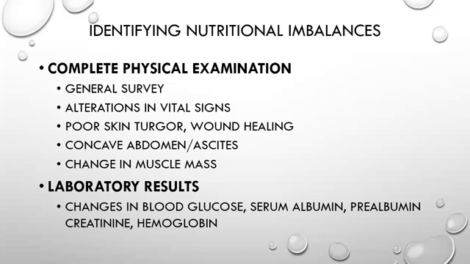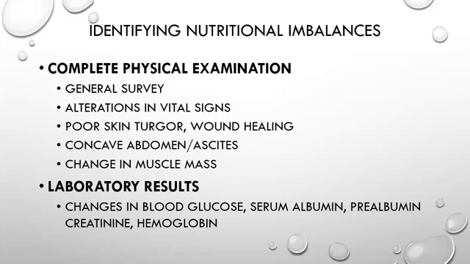Poor wound healing would mean that they're nutrient deficient, right? So if they're not getting enough protein, their wounds are not going to heal, okay? So that's going to be something that should spark your attention there. A concave abdomen or ascites. With a concave abdomen, it just kind of looks like they're sucking in their belly all the time because they're so nutrient deficient. They're so thin, they're so malnourished.